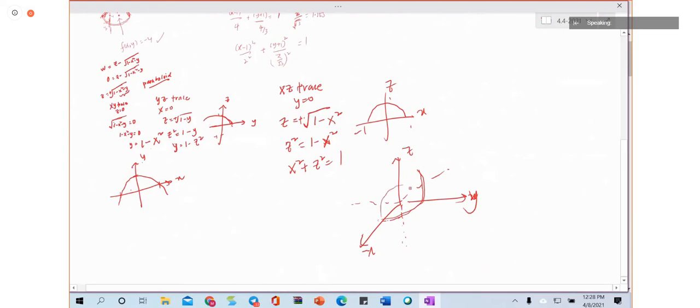Then we have zy. Actually it is hard to draw.